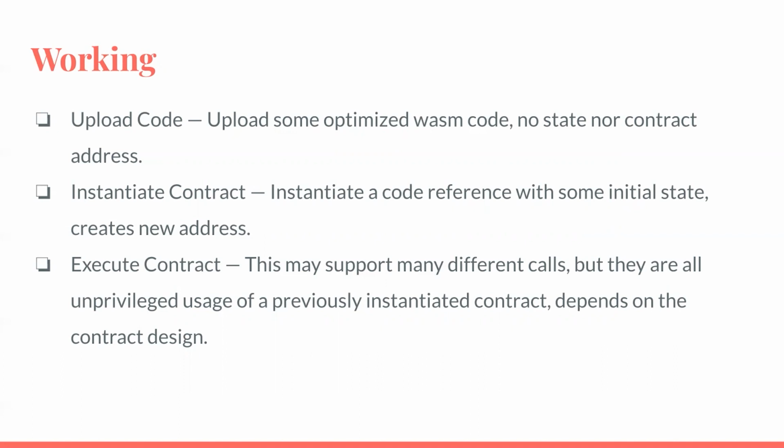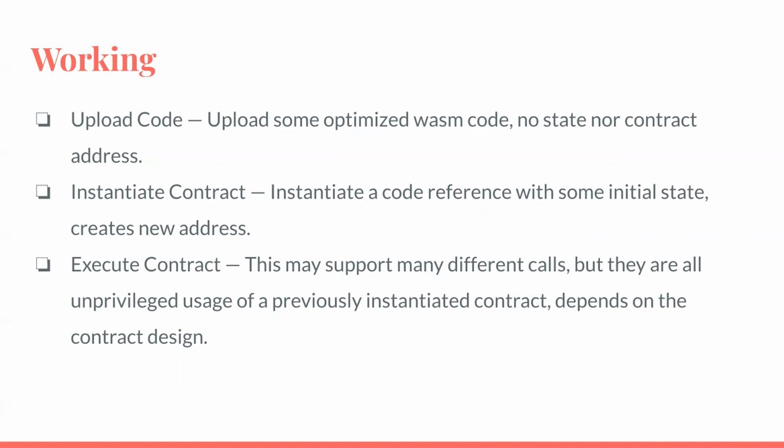It works in the same fashion, where we have a WASM file that is optimized after your contract is completed, and once you have optimized it and created a WASM file, you upload that code on the blockchain.